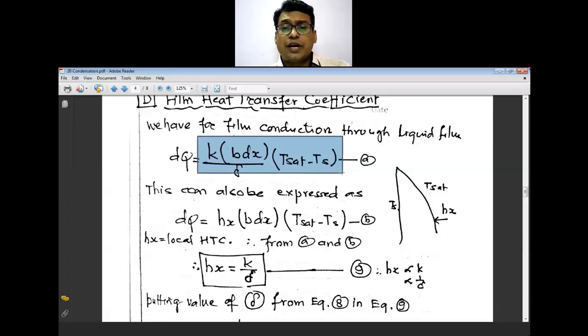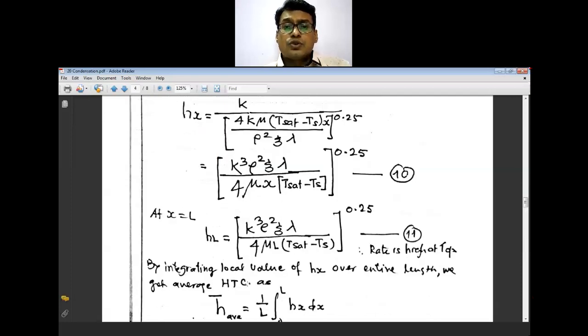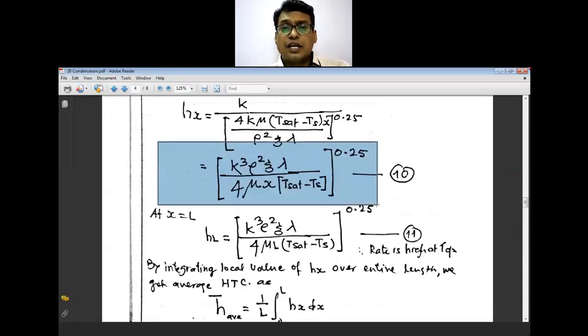So hx you get as K upon delta. So the average heat transfer coefficient, finally you will get as [K cube rho square g lambda upon 4 mu x (T saturated minus Ts)] raised to the 0.25.